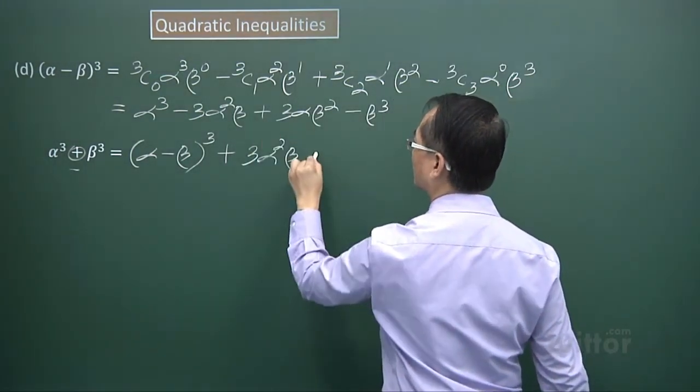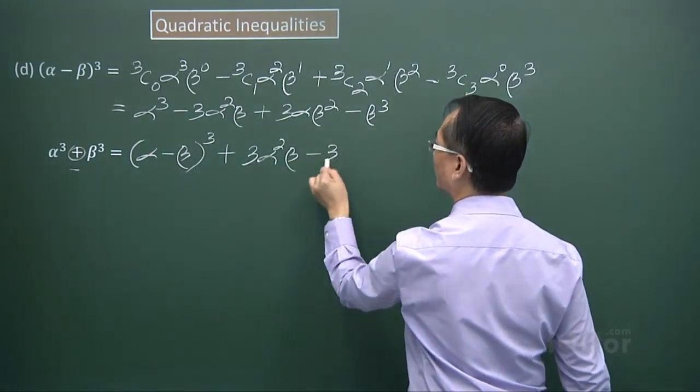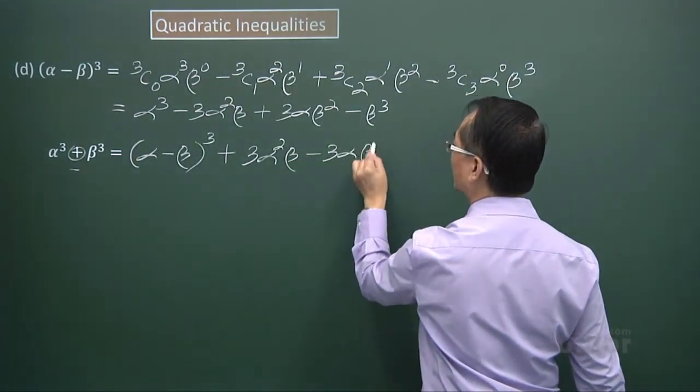This term will become negative, so negative 3 alpha beta squared.